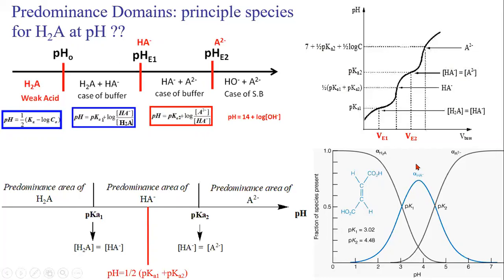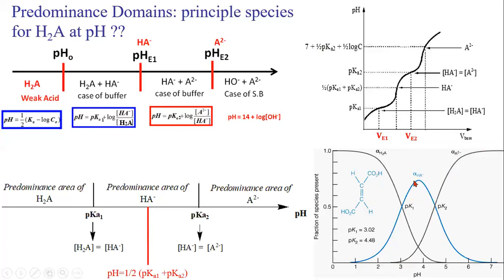Usually, again, we say that the number of moles is equal to the H2A, but in reality, we have alpha here, not concentration. In reality, it's not exactly equal. The HA then starts to decrease as the A2 minus is increasing. So my A2 minus is increasing, it's going to reach a maximum, but my HA species is decreasing.